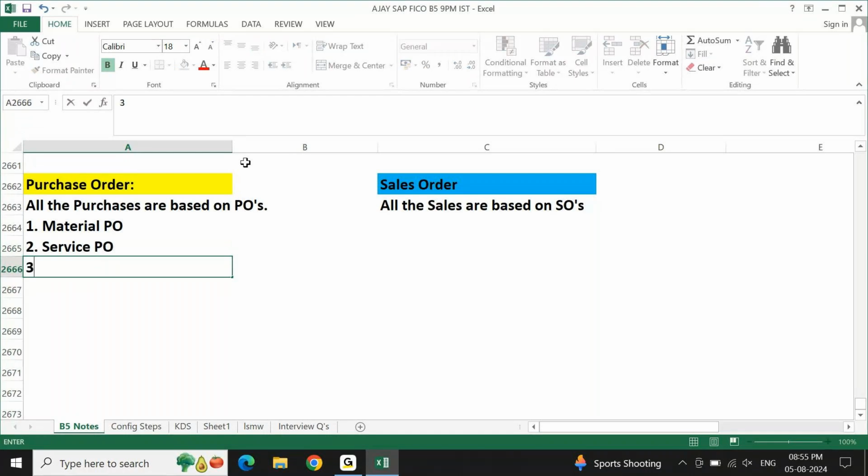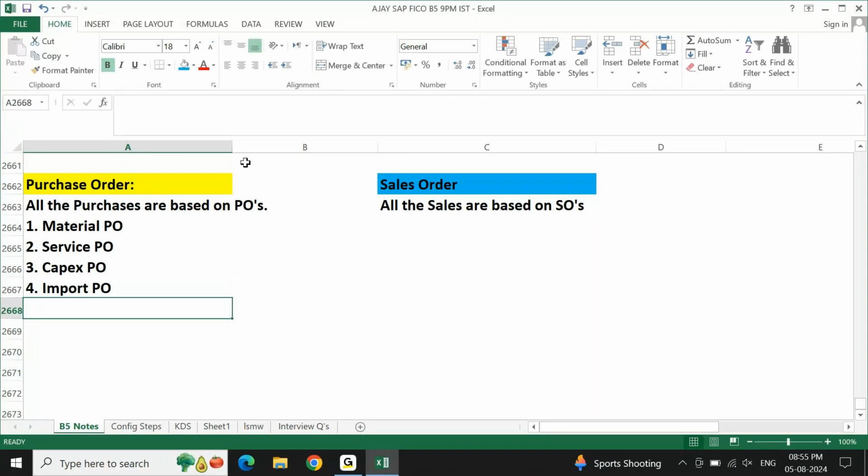Third one can be capex PO. Fourth one can be import PO. Fifth one can be, let's say, STO PO. Like this, there may be multiple types of purchase order that you need to understand.